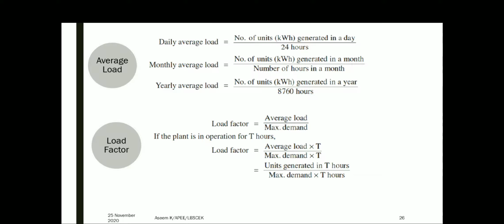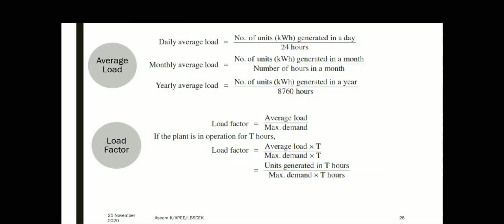Average load, daily average load. You can calculate daily average load, that is the number of units generated in a day divided by 24 hours. Then you can calculate monthly average load in a similar way. Then yearly average load. Then load factor, we already discussed, is a ratio between average load to the maximum demand.